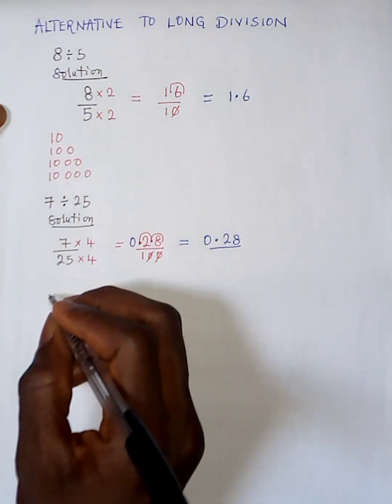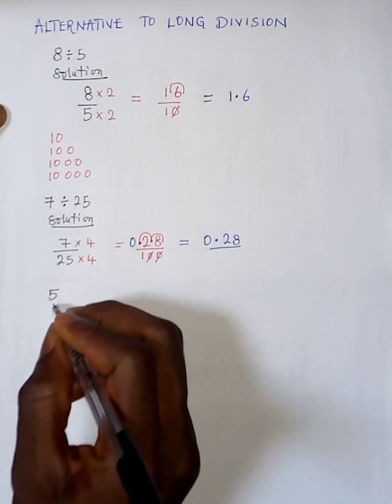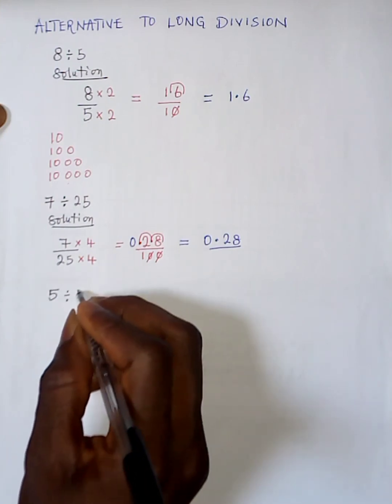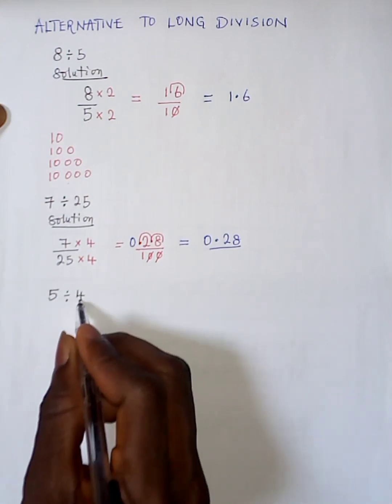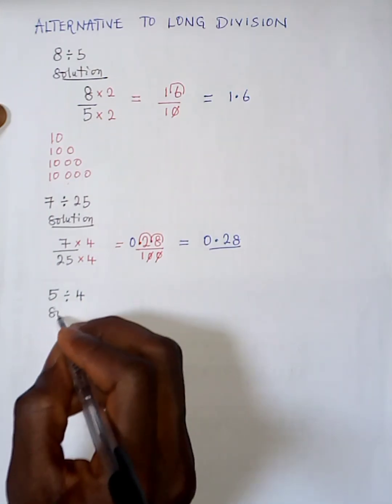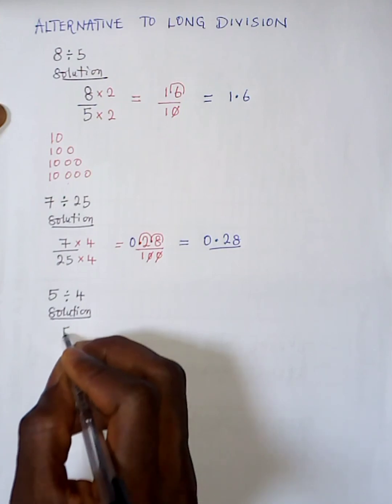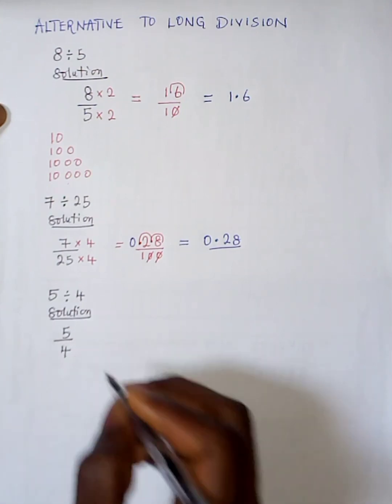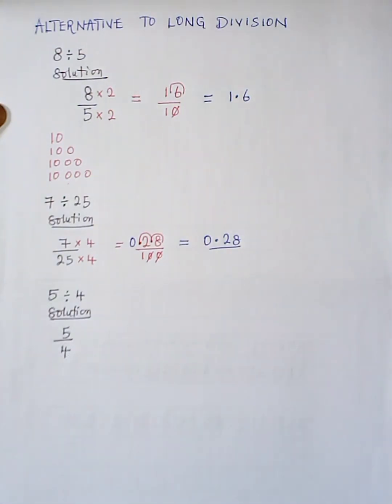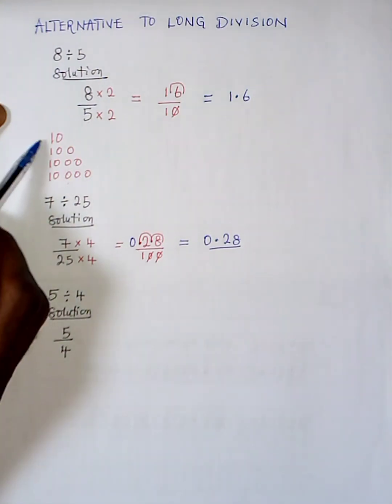Now, let me take one more so that you will understand it better. What if I have 5 divided by 4? 5 divided by 4. Again, solution. I write it in the format 5 over 4. Now I look for what I will use to multiply 4 to get 100.